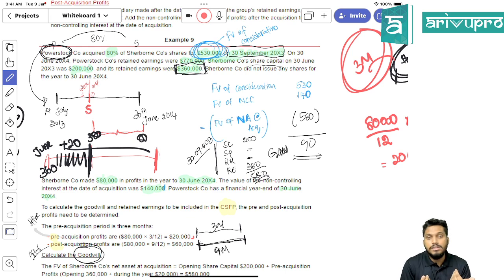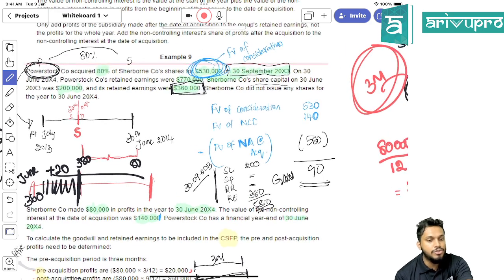To non-controlling interests, retained earnings, because non-controlling interest is owning their own company 100% up until when? Up until when? 1st of October 2030. So up until that date, it is not our profit. So we need to see as of 1st of October, what is the retained earnings. But in the question they have given, as of 30th June 2013, it was 360,000. So now we are trying to achieve what it was on 1st of October.